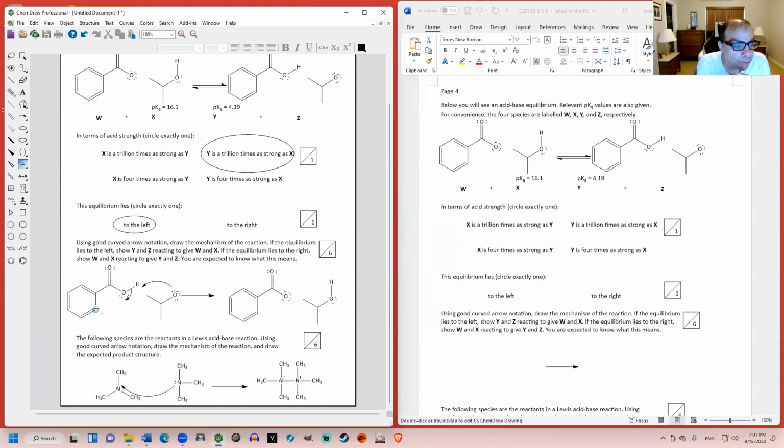So the overall total charge over here, for instance, is -1. The total charge on the other side of the equation is also -1. Over here, the total charge is 0 on this side of the equation. Here, the total charge is still 0. +1 and -1 equals 0. So that's another thing to look for to make sure your equations are balanced. You want to make sure that charge is conserved on both sides of the equation.